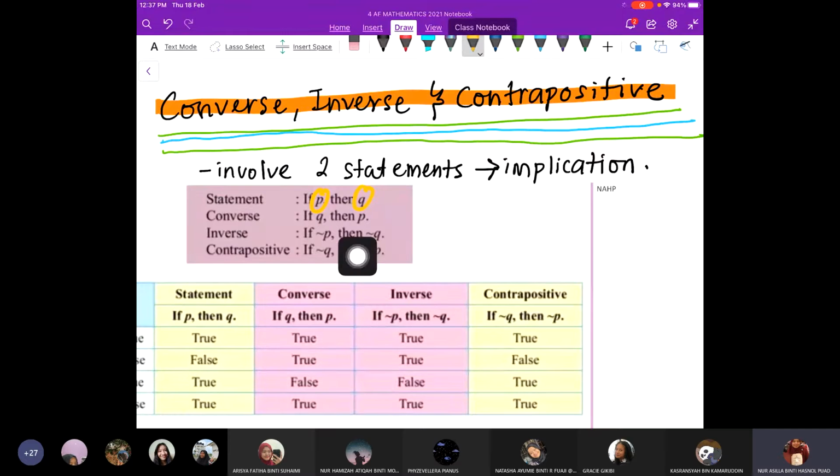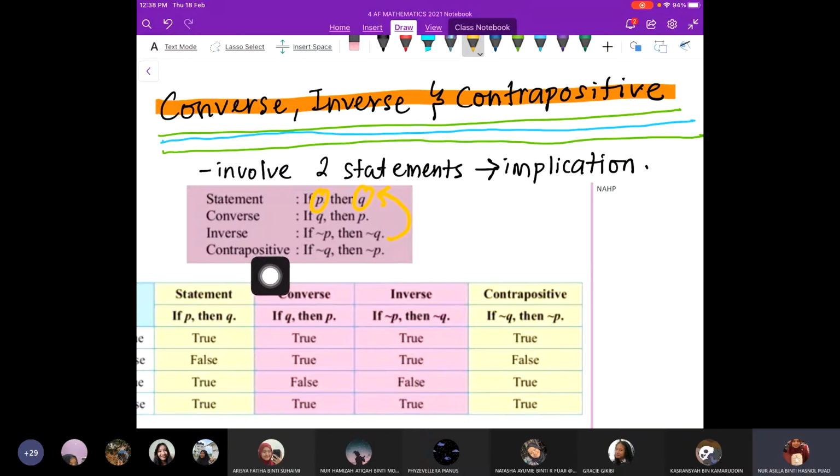Inverse, dia merujuk balik kepada statement and dia akan negatekan any statement. So inverse is a negation, negation sebab kita ada tilde tu. Negation apa-apa statement di dalam implication kita yang asal. So if tilde P, then tilde Q.